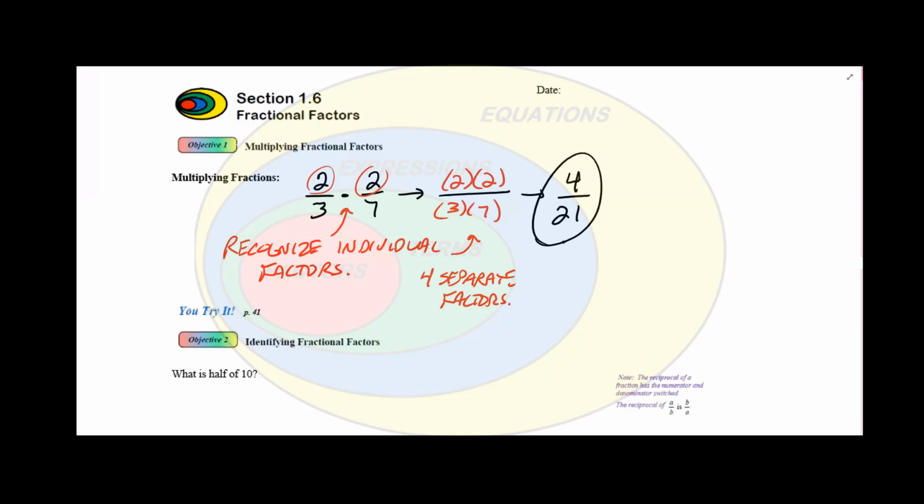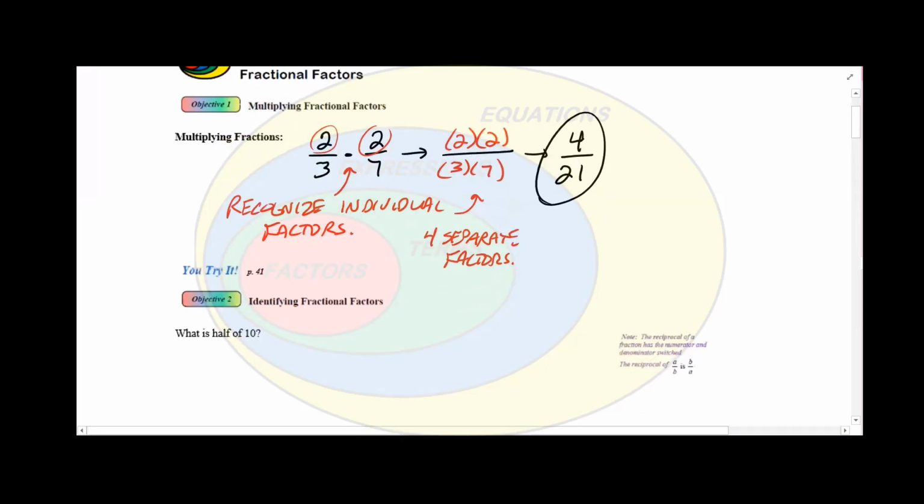Now, if we had a bunch of factors, and I need to use the space to the right here, I guess. Say I had another example over here.